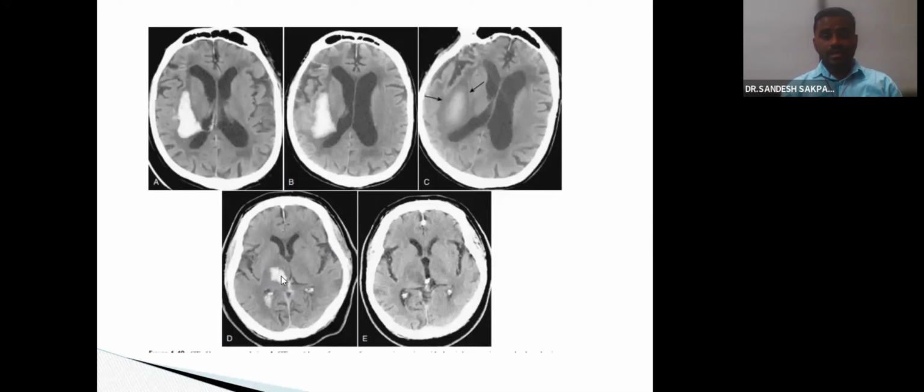It is exactly in the posterior limb of the internal capsule. You can see here, this is the anterior limb and this is the posterior limb. So it is again affecting the thalamus. Down we have the caudate nucleus, the thalamus and globus pallidus. So it is again a gangliocapsular bleed, and again it is affecting the thalamus here.